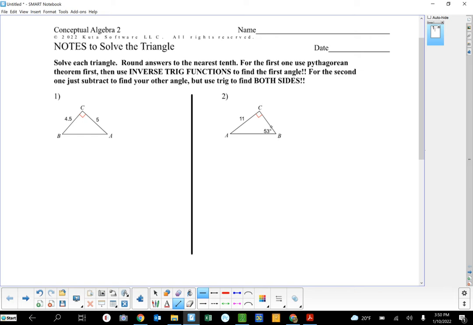You know B over here, and you know C. Okay, so when it says solve the triangle up at the top in the title, that means your job is to find every single part. You're going to find all three sides and angles.